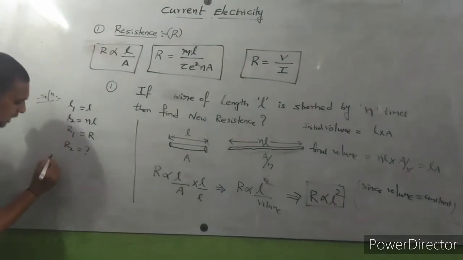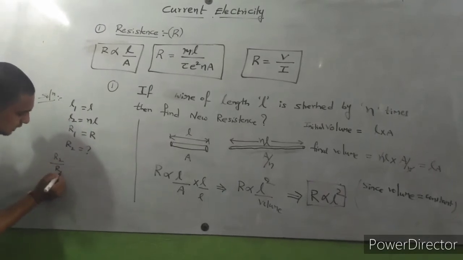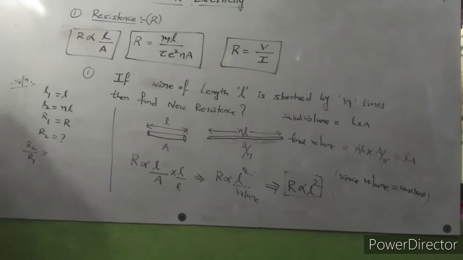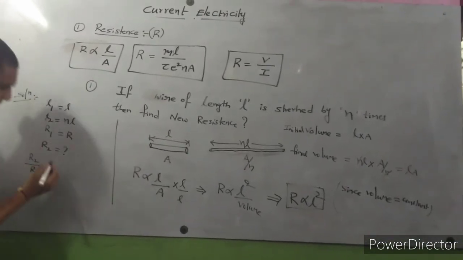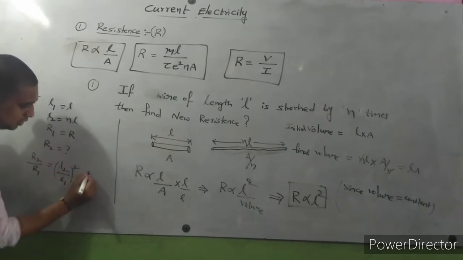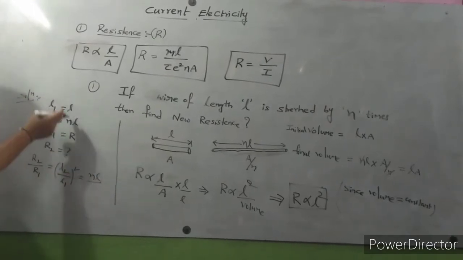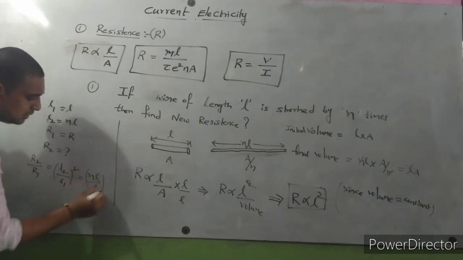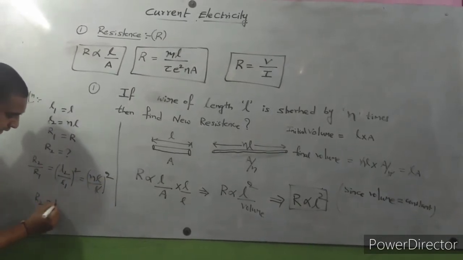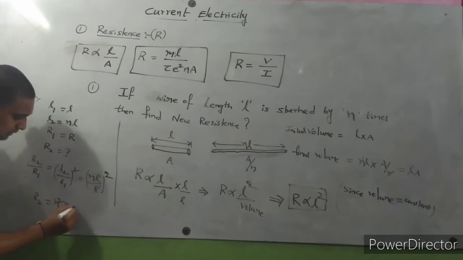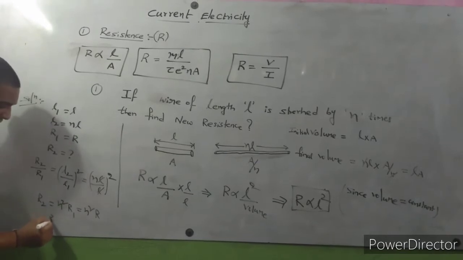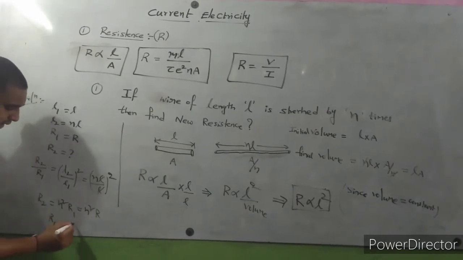So R2 by R1 is equal to L2 by L1 whole square, that is nL by L whole square. Then L cancels. R2 is equal to n square into R1, that is n square into R.